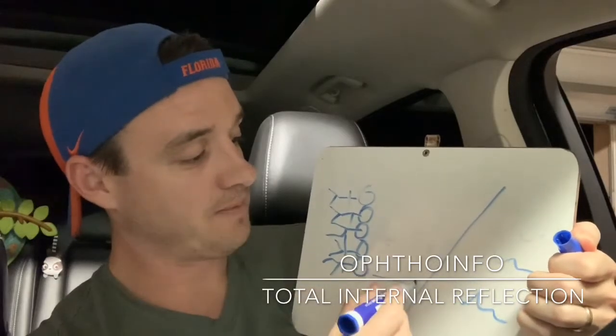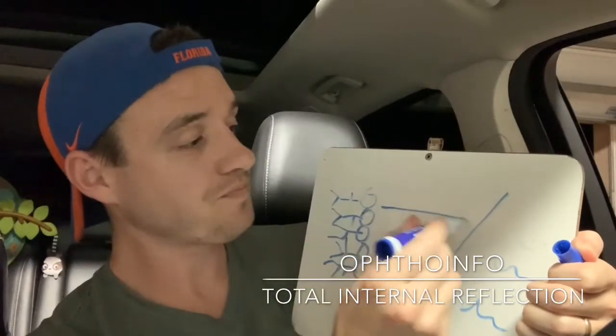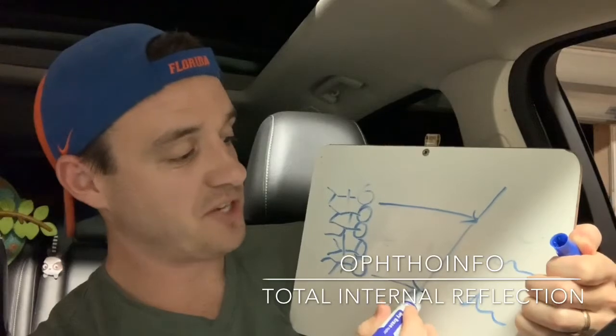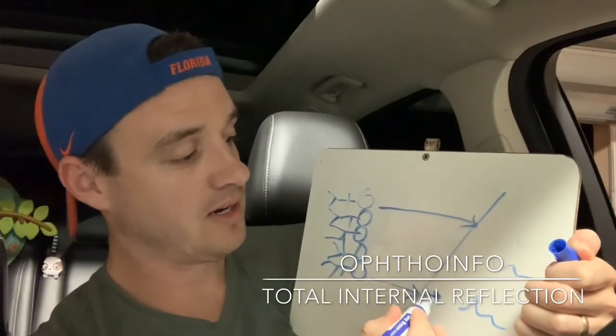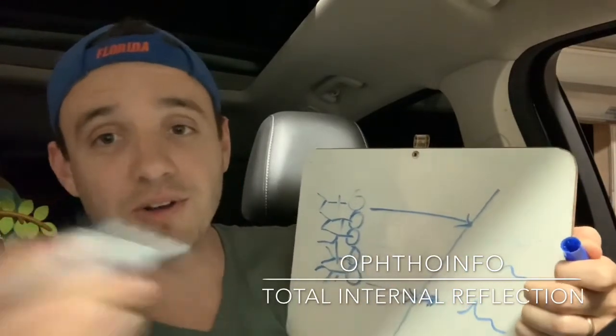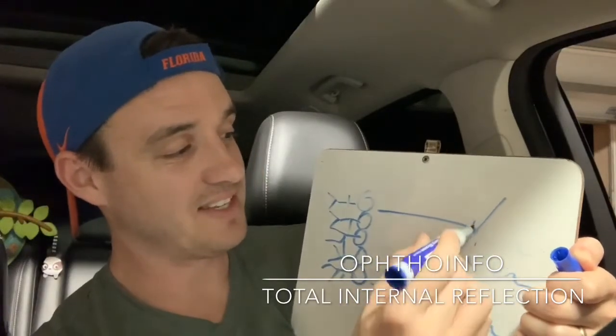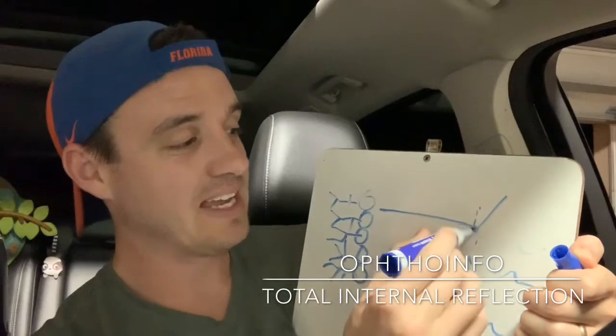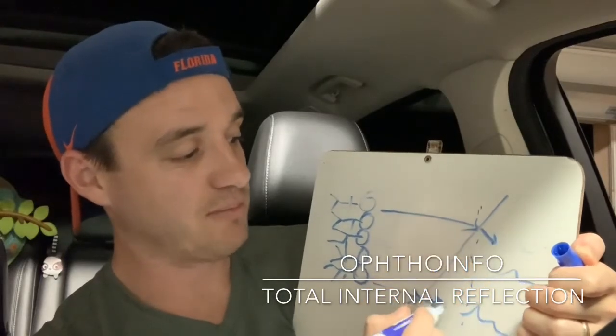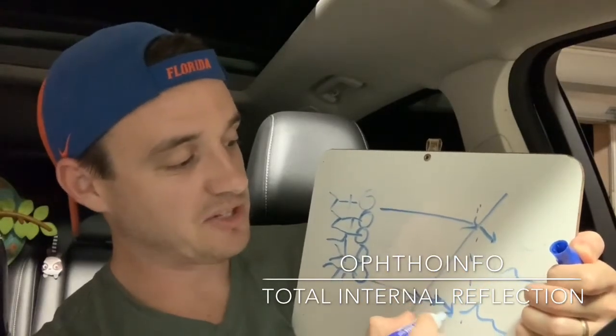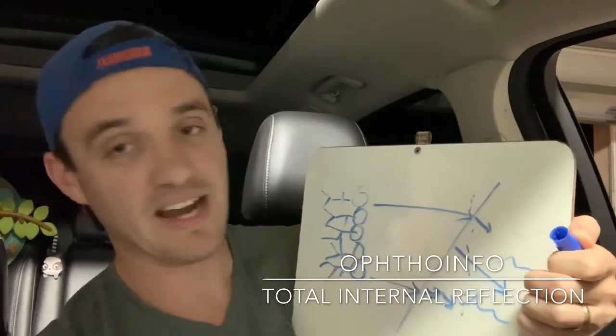He's going to hit the water way before this guy. So this guy is going to be trudging through the water while this guy's flying on the sidewalk or the sand or whatever. And so he's going to make it to this point way before this guy. And as a result, when they're both in the water, both going the same speed, they're going to be traveling at an angle now.